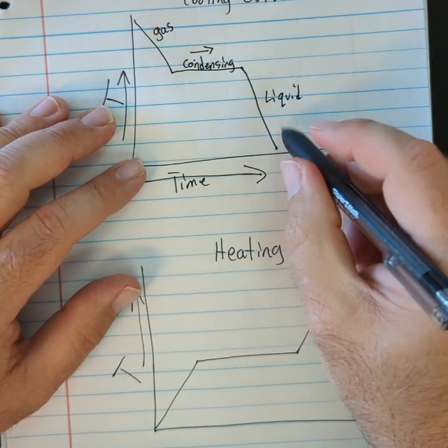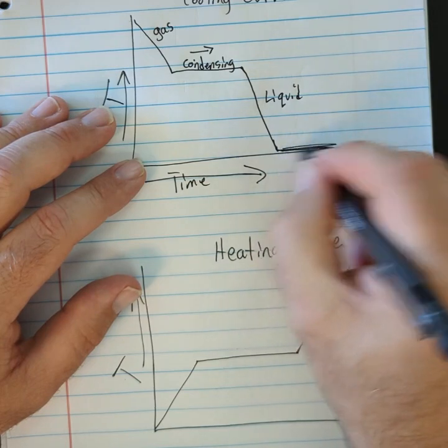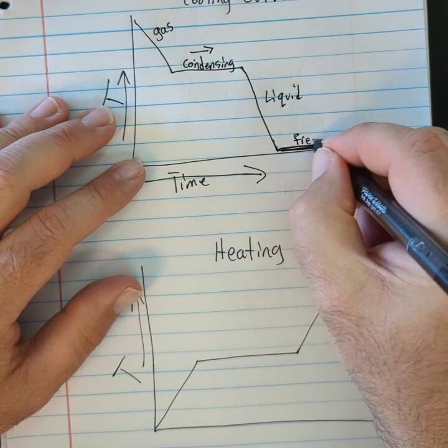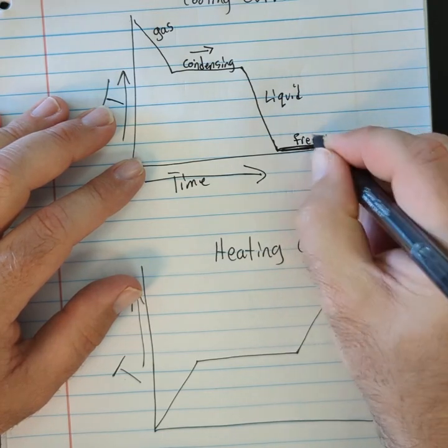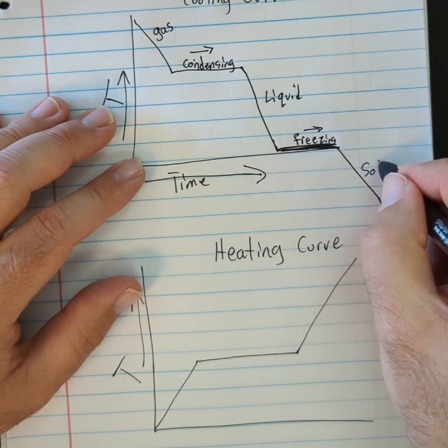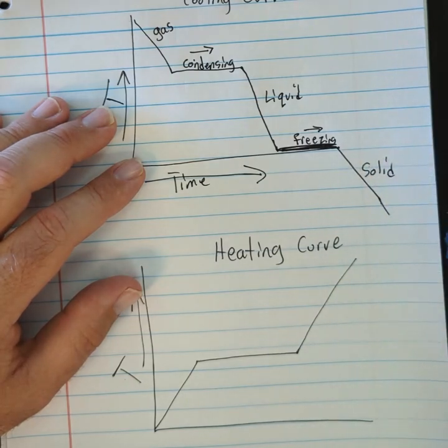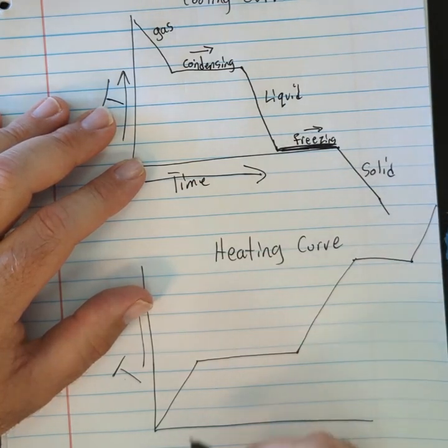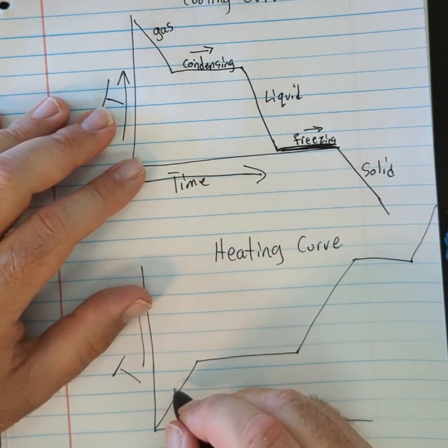And if the graph kept going, it would flatten out. And then it would go down again. This would be freezing, and as the temperature goes down, this would be a solid. On a heating curve, it's the same thing, just opposite.